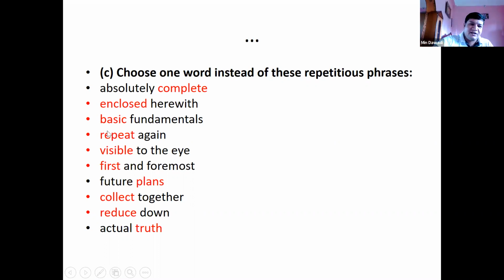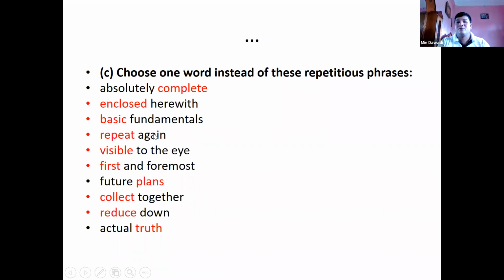Like this. Basic fundamentals. These are basic fundamentals. Either you say these are basic rules or basic things, or you just say these are fundamentals. One out of two. Repeat again. Please repeat again.